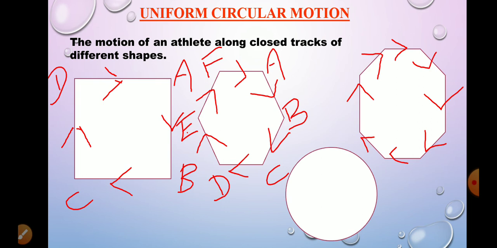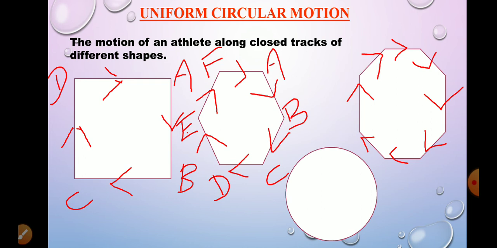So that means he is having accelerated motion, and velocity changes at each moment. Okay. So the motion of the athlete moving along a circular path is an example of accelerated motion.